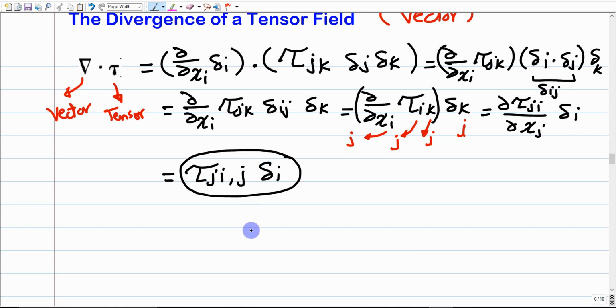How about the expanded form of this one? You can expand it. It's going to be expanded over 3 components. Why 3 components? Because we do have delta I. You're going to have 1 component over x, 1 component over y, 1 component over z. So let us write the expanded form here.